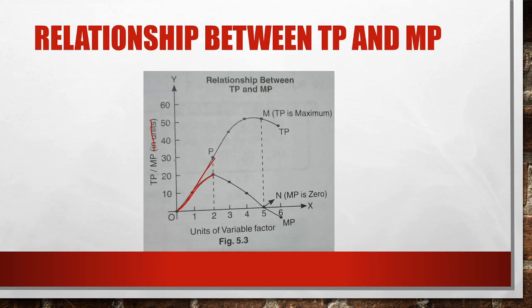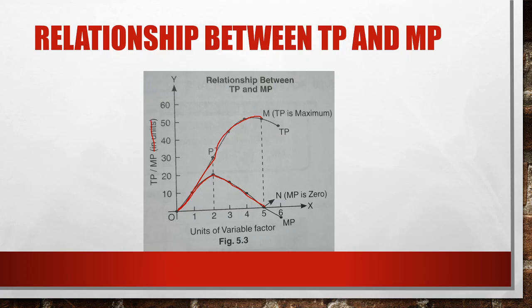Now come to the second phase. Here TP is increasing, but it is increasing at a decreasing rate, and as a result MP is falling. So point number 2 is: when TP increases at a decreasing rate, marginal product falls.